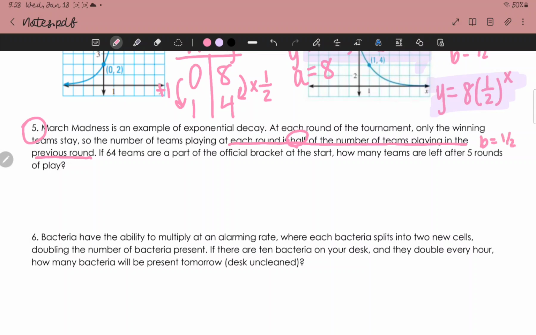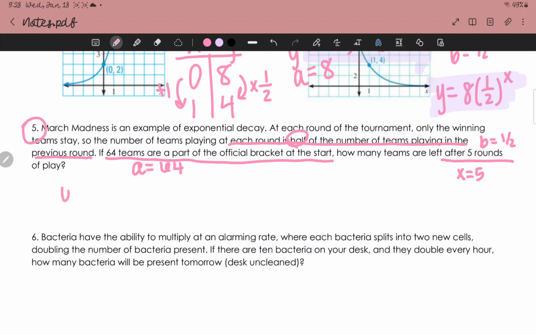They say 64 teams are a part of the official bracket at the start, okay? 64 are in the bracket at the start, which means that our initial value was 64. So they just told us the A is 64. And finally, they say how many teams are left after 5 rounds of play. So X is 5.